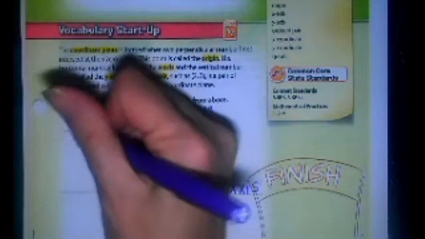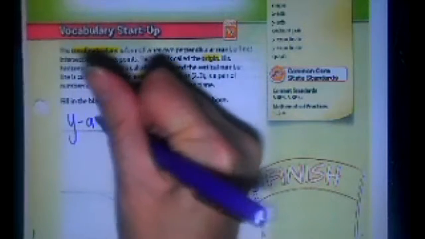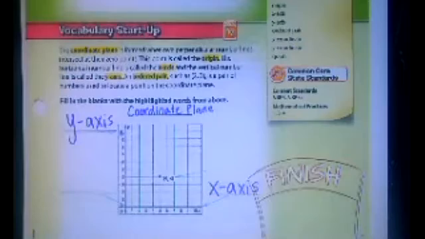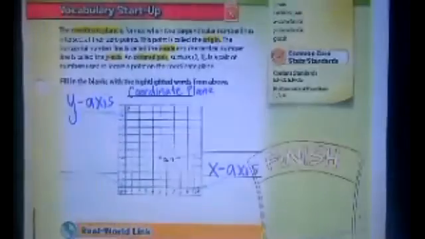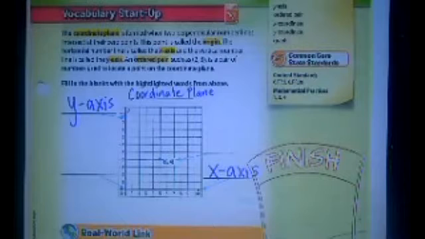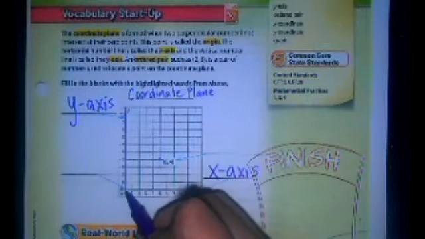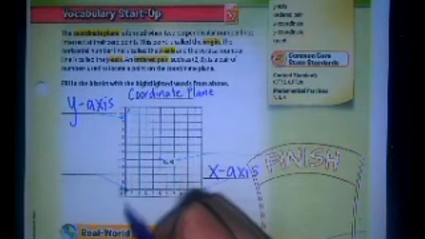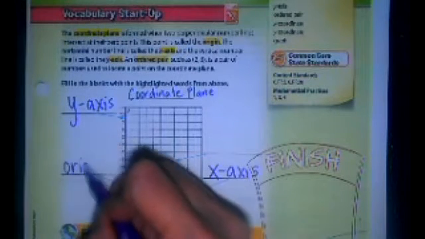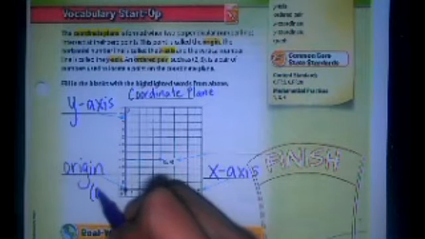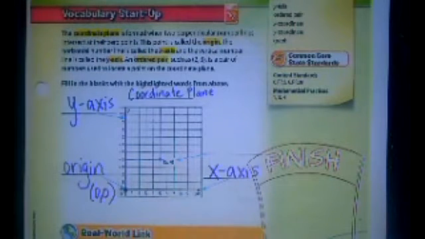And the vertical line, which goes up and down, is the y-axis. And where the x and the y-axis come together, that point is at 0, 0, and we call that the origin.